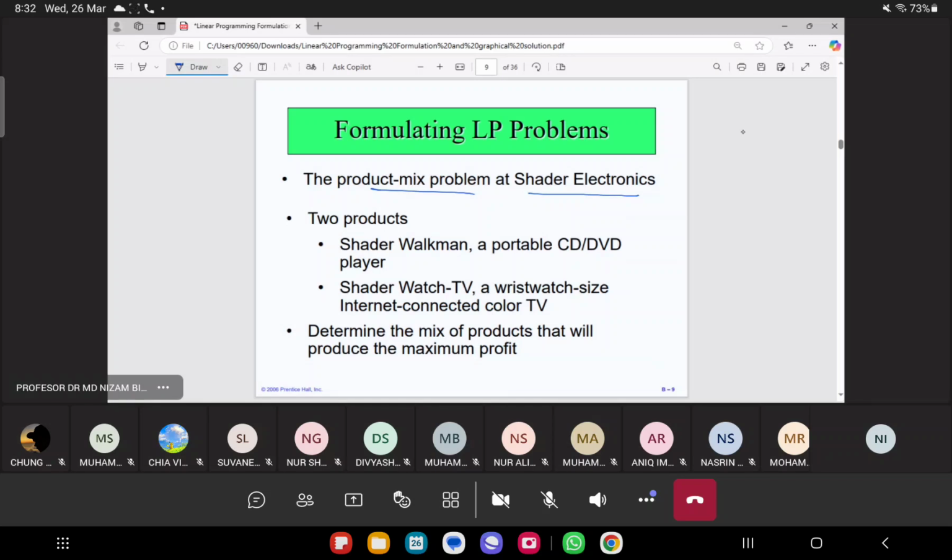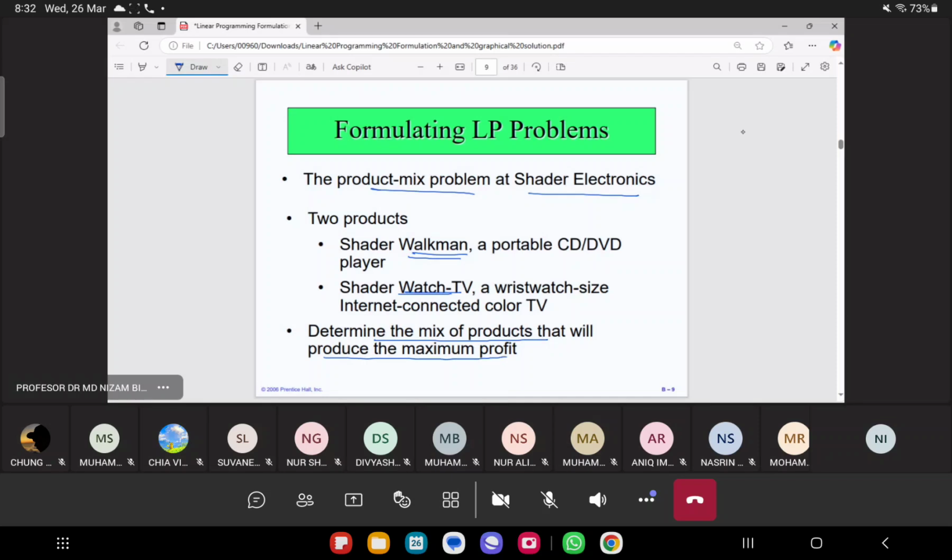And this company, Schneider Electronics, they make two products. One is the Walkman, and the other one is the Watch TV. What they want to do is determine the mix of products that will produce the maximum profit.